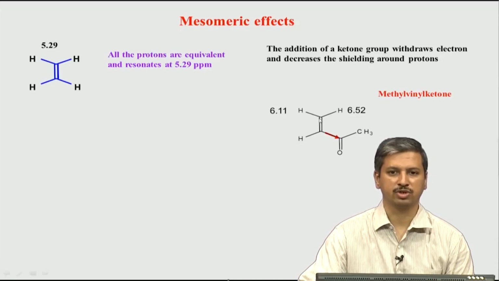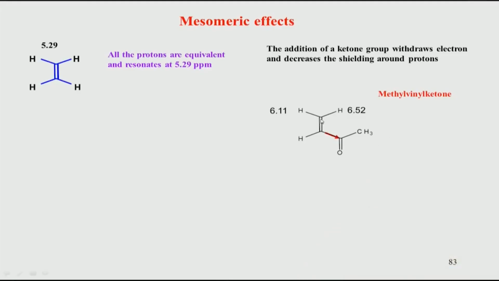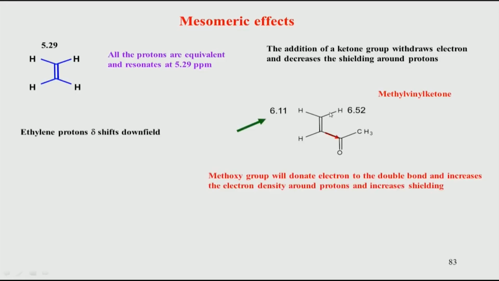This is similar to what we saw in the previous slide; it is a resonance effect. Because of the positive charge here, these two hydrogens lose electron density, as all the electron density is being withdrawn towards this oxygen. Because of this loss of electron density, they go downfield shifted, meaning a higher ppm value, and that is how it can be explained.